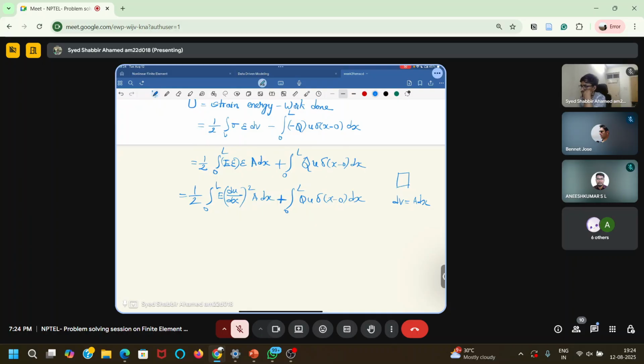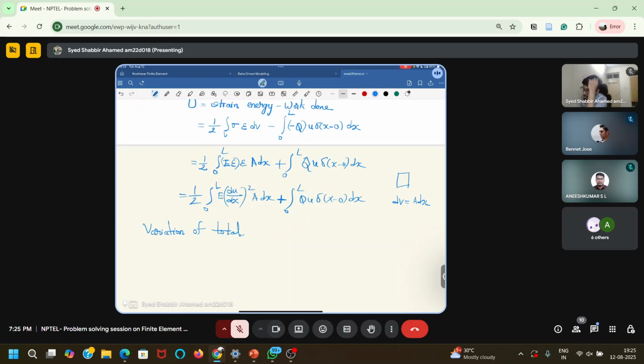Now we have to take the variation of the total potential. Because we are going for an approximate solution here, we will assume u to be something else. If you assume u is something other than the actual solution, there will always be a variation in the potential energy also.